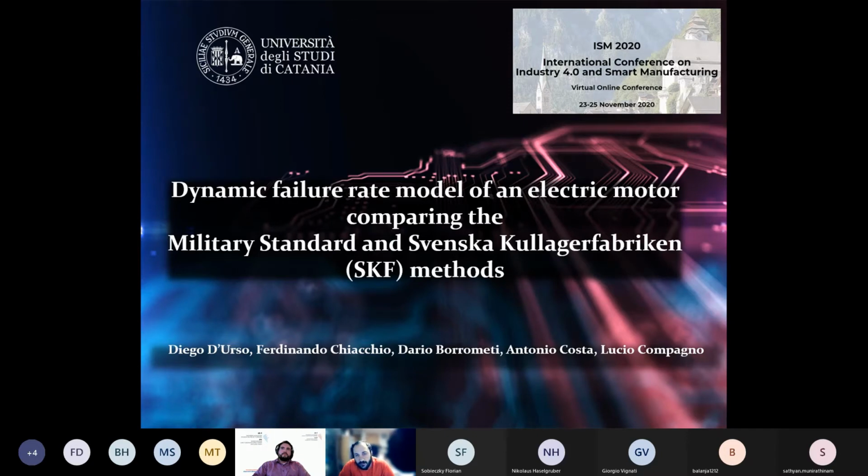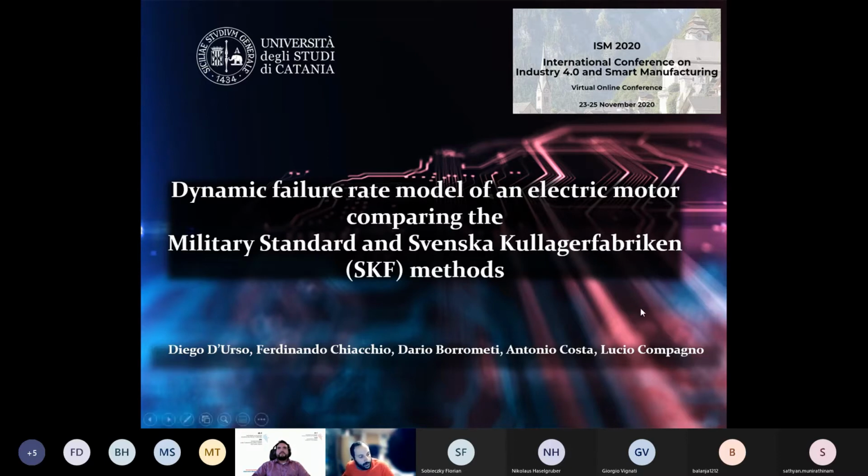Okay, so in this specific research, we try to compare two different methodologies for showing how the modeling of dynamic failure rate is very important for such a matter, reliability and actions that concern the dependability, maintenance, and other actions.